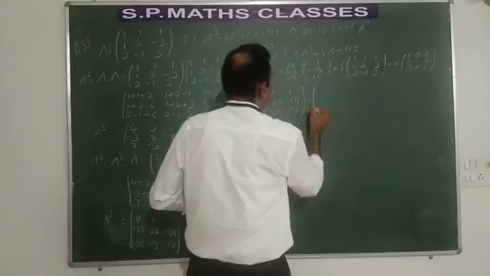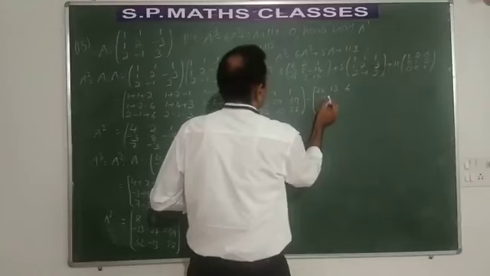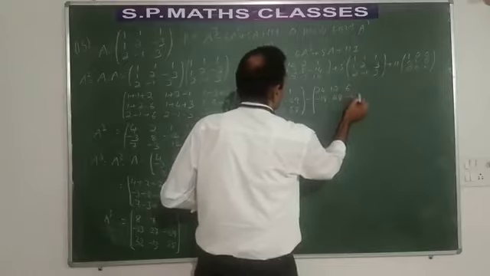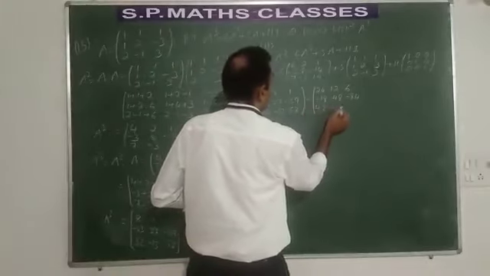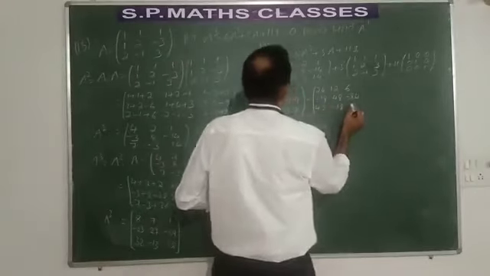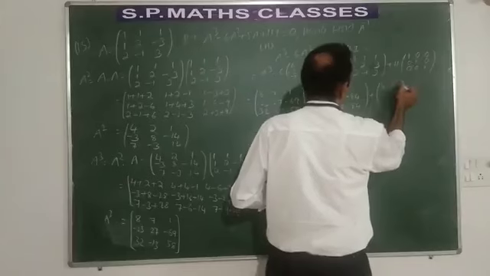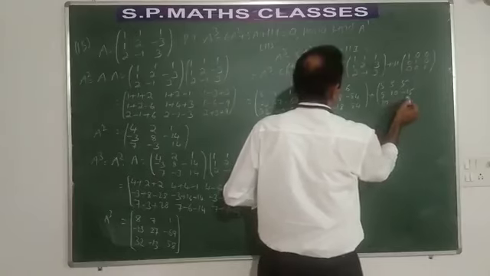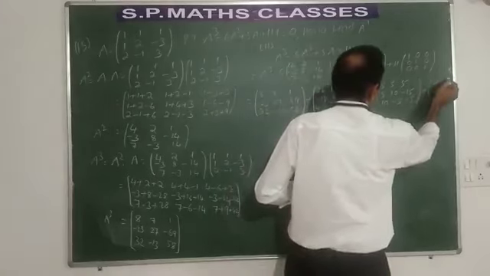Now multiply 6 to A square. 24 12 6, minus 18 48, minus 84. 14 6s are 84, 7 6s are 42, minus 18. Plus 5A: 5 5 5, 5 10 minus 15, 10 minus 5 15, plus 11I: 11 0 0, 0 11 0, 0 0 11. That's what we have got.